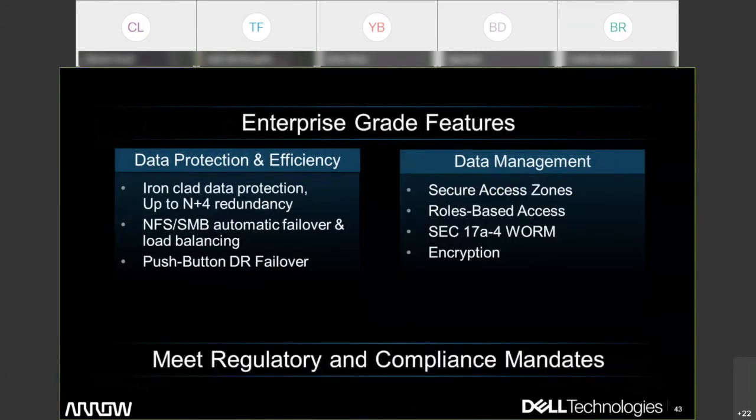So to summarize before we get into what's new, the big differentiators here are that we've got N+4 data protection, which gives us significantly better tolerance of failures than anybody else in the market. And this is also based on an architectural approach to plan for failure rather than trying to protect against it.